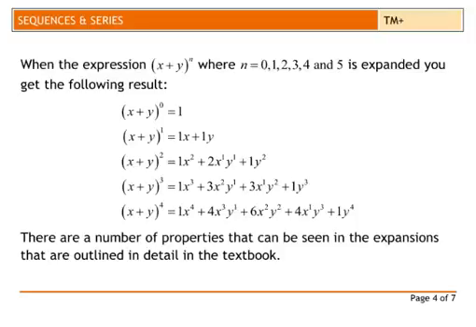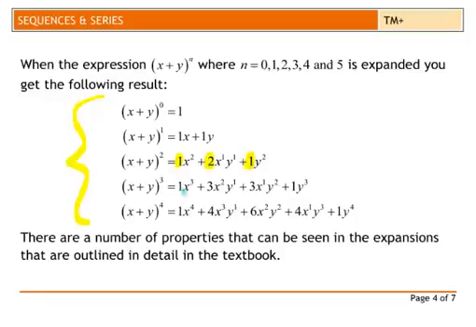When the expression x plus y to the power of n, where n is 0, 1, 2, 3, 4 and 5, etc., is expanded, you get the following result. And you can see that I've done that for powers of n from 0 through to 4. Now, the things to note. If you're looking at x plus y to the power of 2, you can see the coefficients.